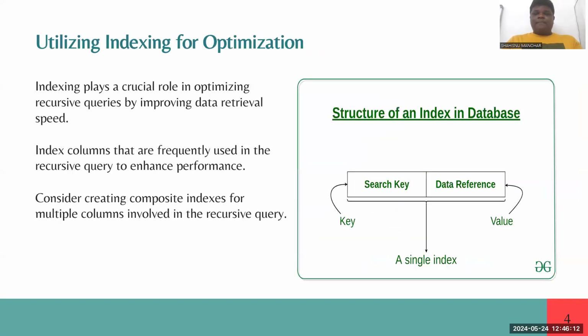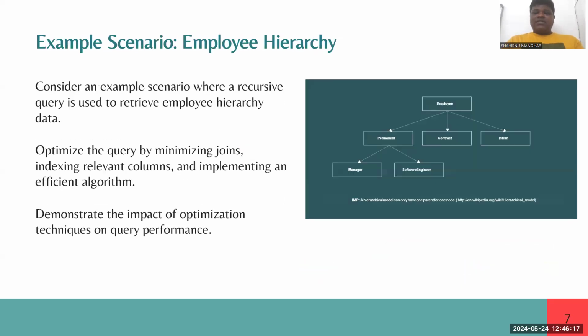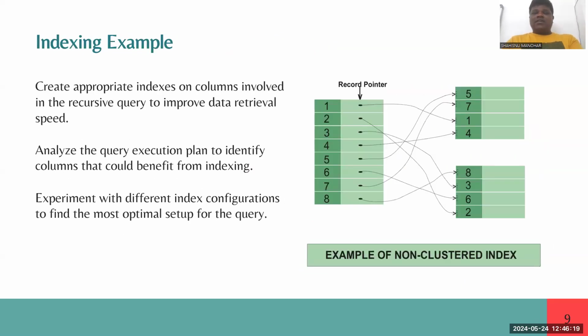The index consists of a search key and a data reference. 1 to 8 are the search keys, and the data reference is basically a pointer. So according to the desired output, we can estimate the search key values, and by indexing, we can slice it and form a database which is more efficient, more optimized. So by using indexing as a technique, we can optimize the recursive queries in SQL.